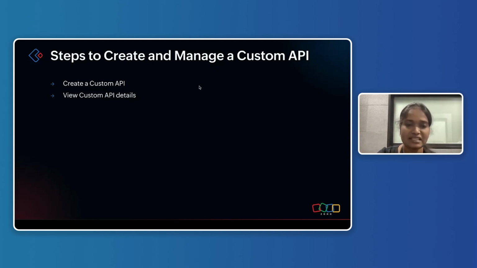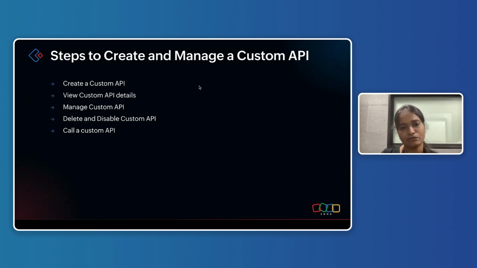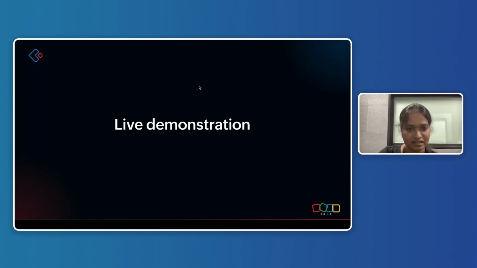Change any request details, then you can go back and change the details. Post that, we can manage the custom API. If you want to edit, or delete, or disable, all this can be done inside the custom API builder. Next, you can invoke or call the custom API by using your endpoint URL. So these are the steps that are involved in creating and managing the custom API.